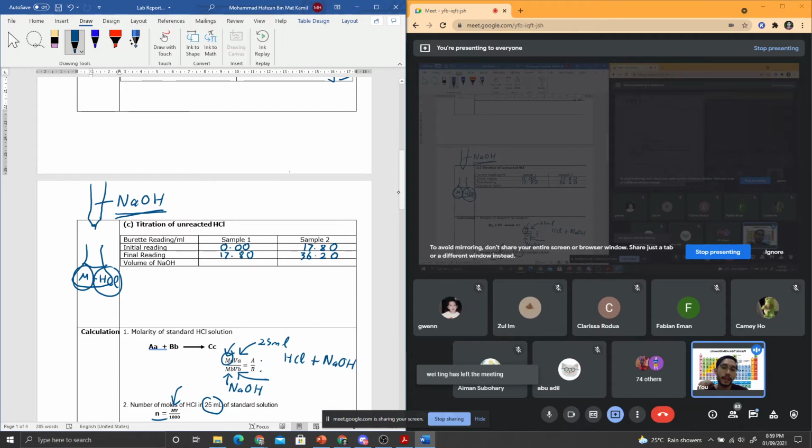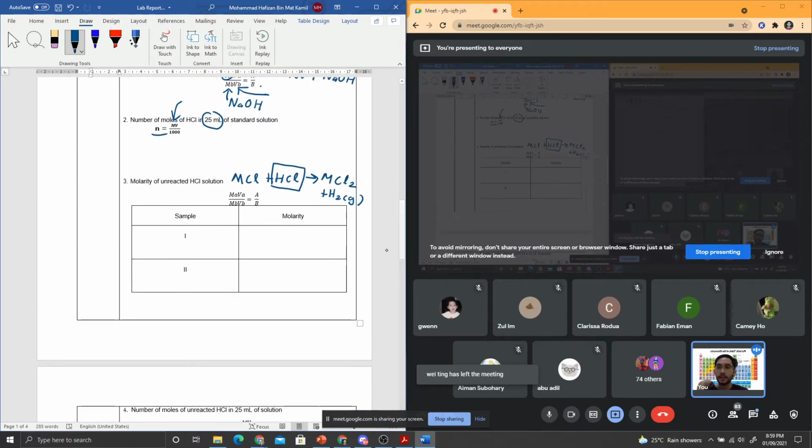So we know from that, kita dapat tahu the molarity of HCl solution. So macam mana nak cari? So use the same formula. You tak tahu the molarity of HCl, but you know kita guna 25 ml.